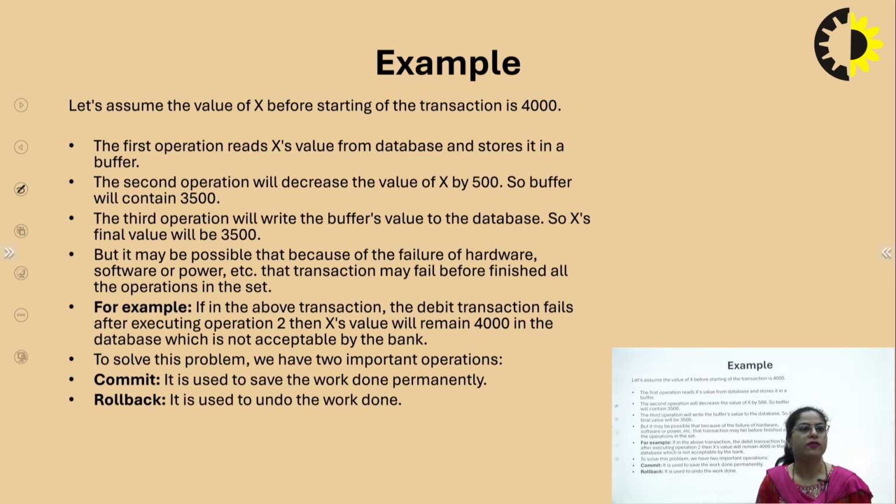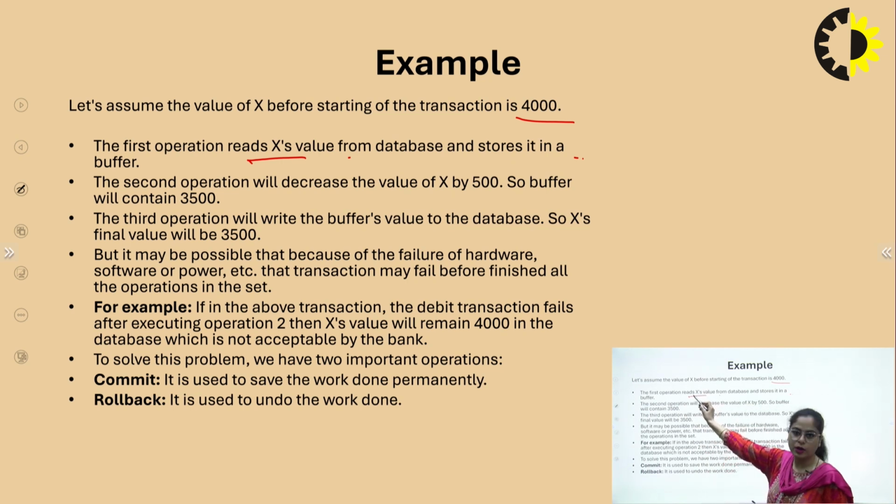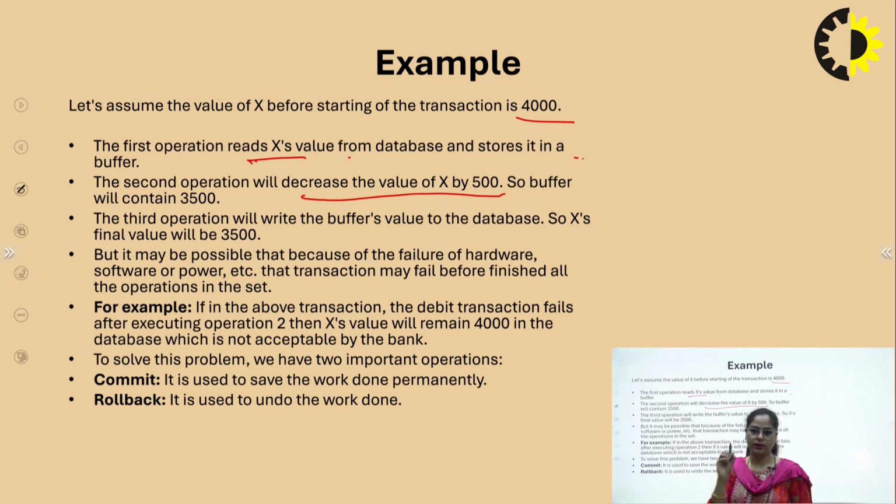Let's assume the value of X before starting the transaction is 4000. The first operation reads the value of X from the database and stores it in a buffer. The second operation decreases the value of X by 500, as in the previous slide, X equals X minus 500.